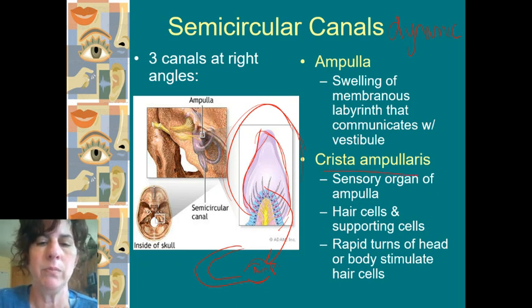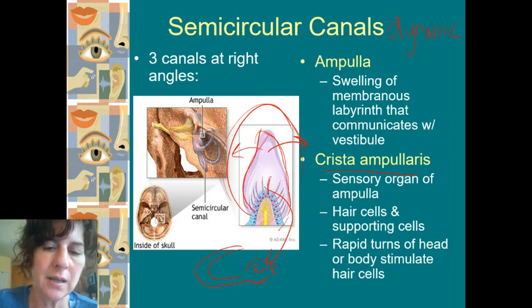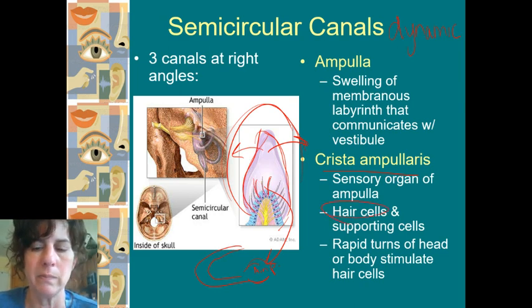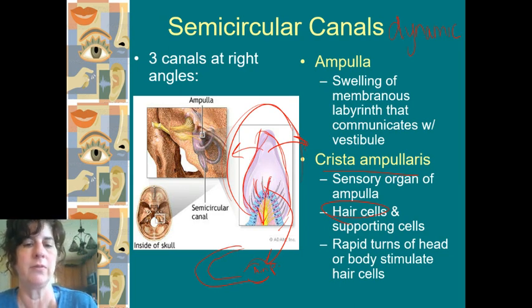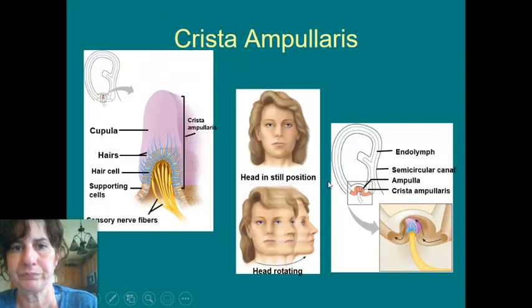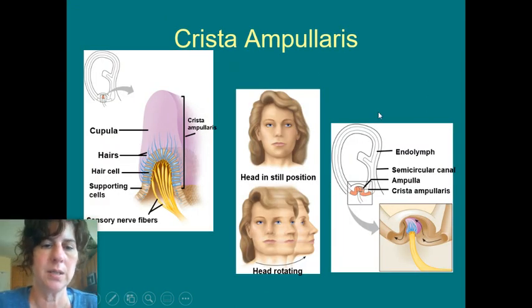And basically, when movement occurs, this is going to shift position in some way. It bends. And then when it shifts, it bends those little hair cells. So once again, the hair cells are the important part here. So those hair cells start to bend, and when they bend, they send information down the nerve. They stimulate the nerve. So here's that crista ampullaris.